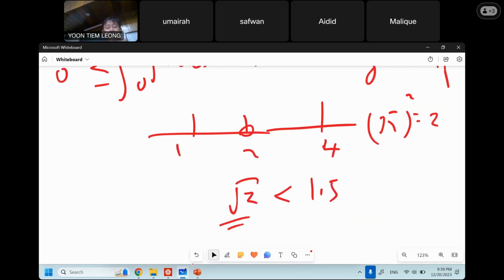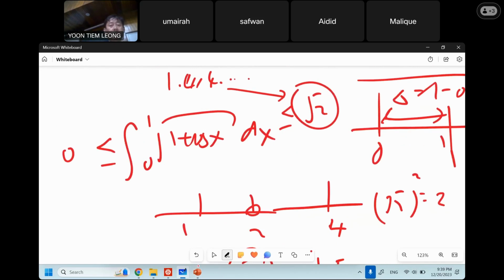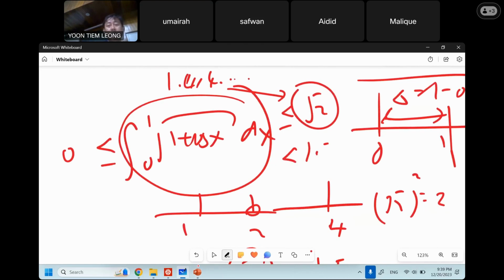You don't know exactly what it is, but it is a number less than 1.5. Therefore, if the definite integral is less than square root of 2, then it must be less than 1.5. The reason is that 1.5 is larger than square root of 2.